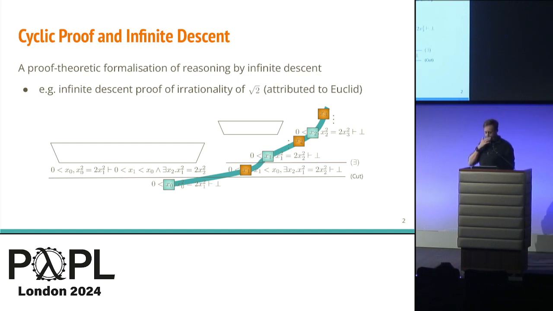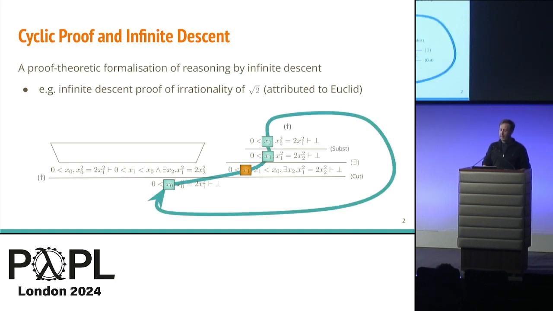This would entail an infinitely descending chain of natural numbers, which is the contradiction. When such infinite reasoning is regular, we can represent it as a finite derivation with cycles. And so the infinite descent property is really the core thing that allows us to justify the logical statements that we derive with these cyclic proofs.